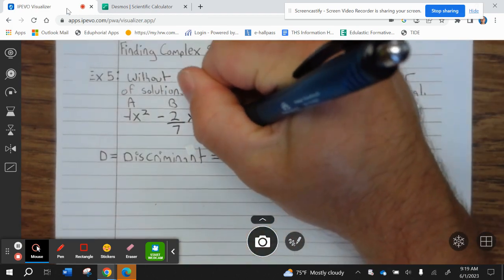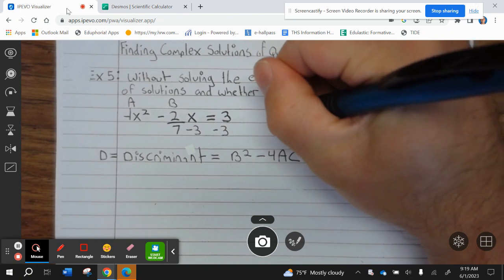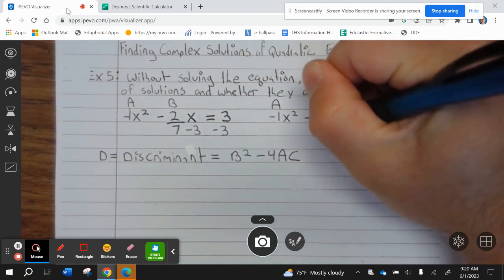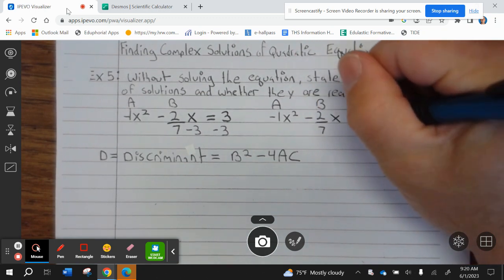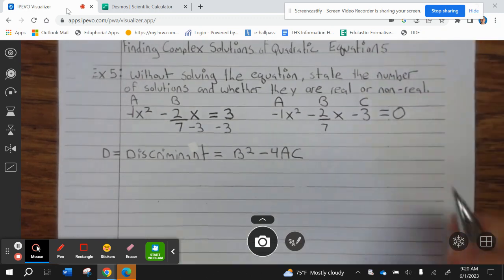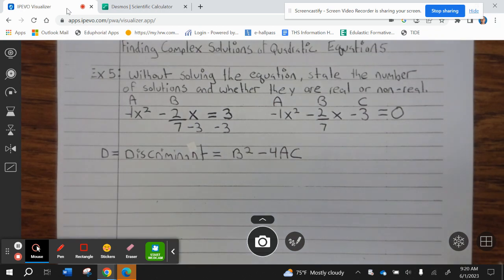So we need to subtract 3 from both sides. So now we have negative 1x squared, which is the a value, minus 2 divided by 7x, which is the b value, minus 3, which is c, equal to 0. Make sure a, b, and c are on the left side and it's equal to 0.